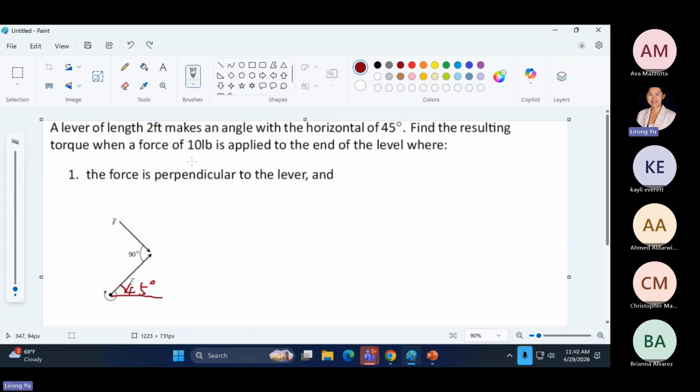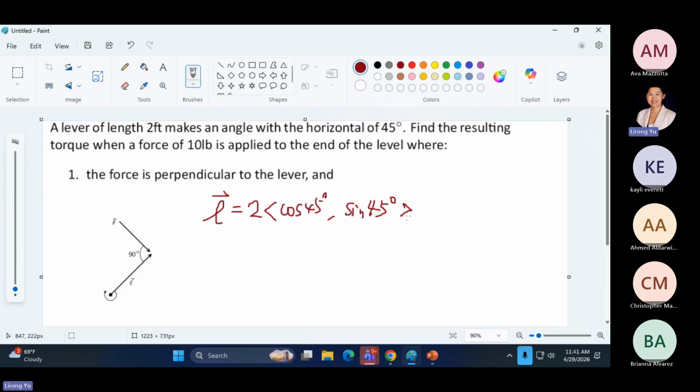So we can now represent L as a vector. We write L equal to 2, that is the magnitude, multiplied by cosine 45 degrees and sine 45 degrees, which is the unit vector where the angle is 45 degrees from the horizontal.